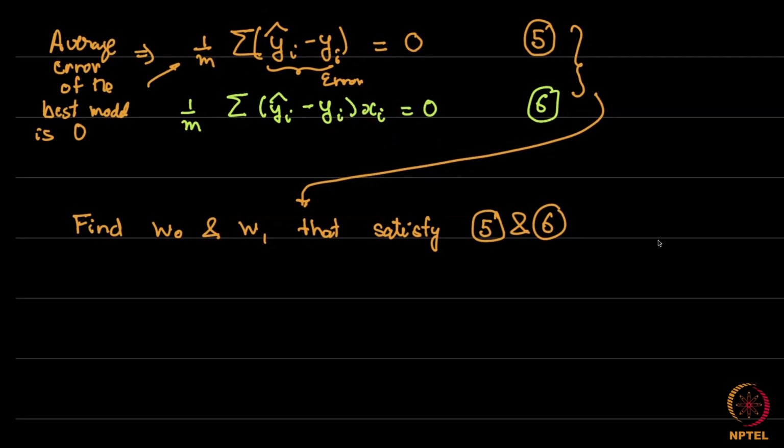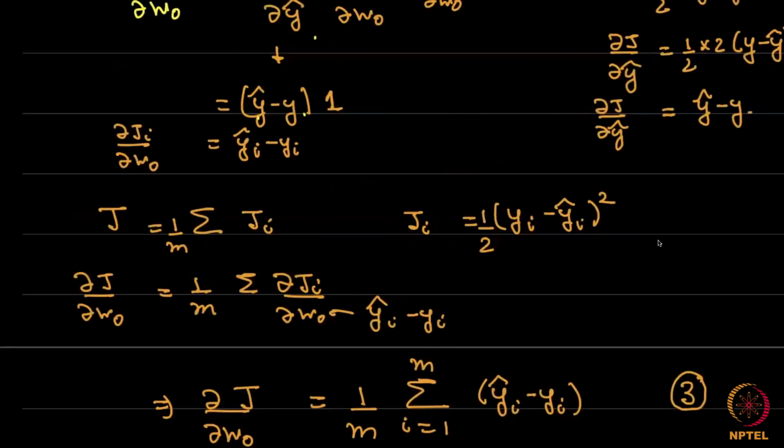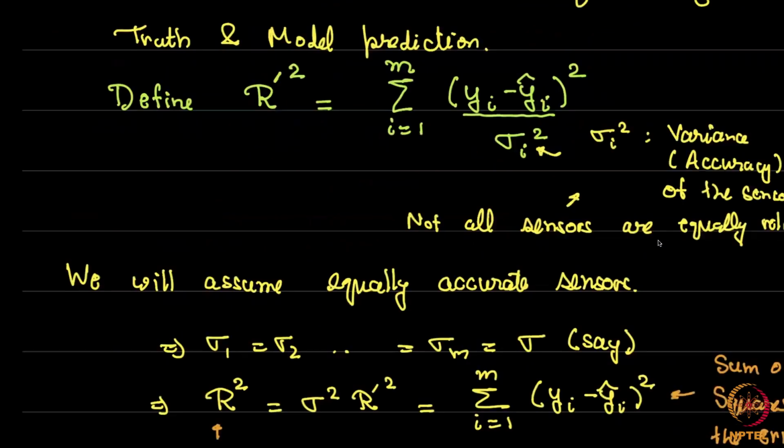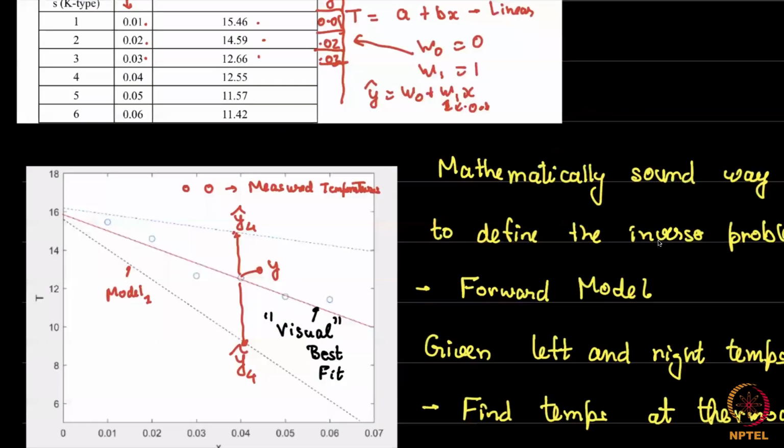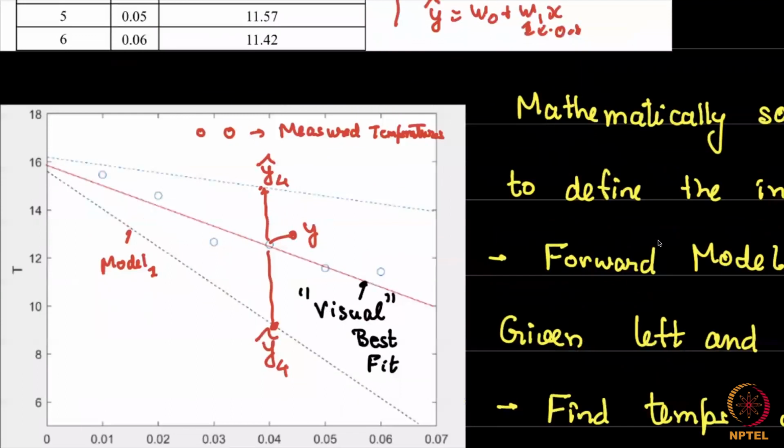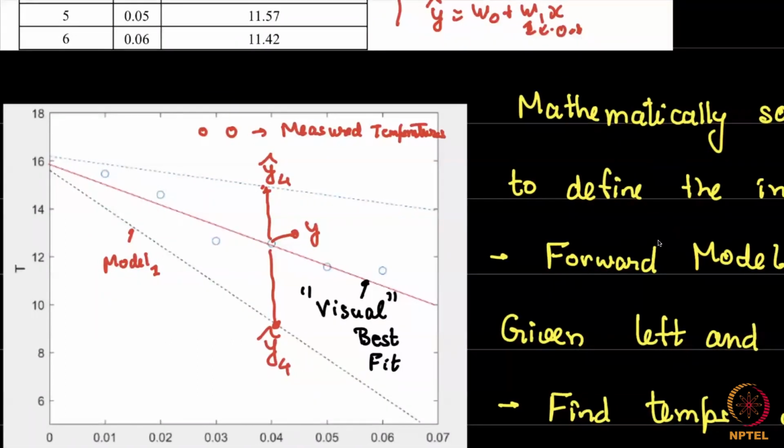This one has a harder meaning, but at least let's look at the physical meaning of the first term. The first term here, if you notice, is looking like this. So suppose this middle red line is our model, you will see that somewhere the error is positive and at the other places the error is negative. Whereas the bad models are all on one side.